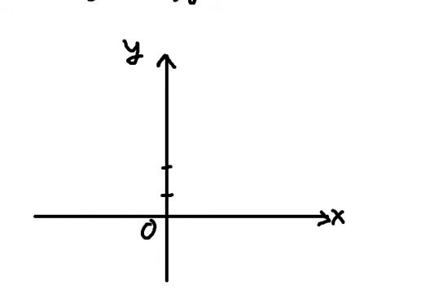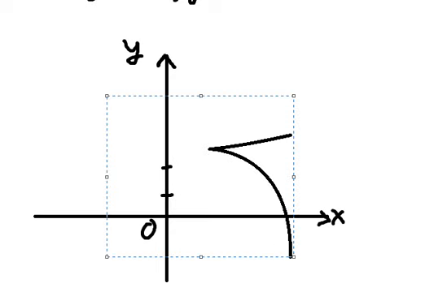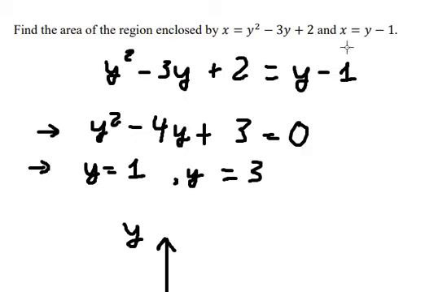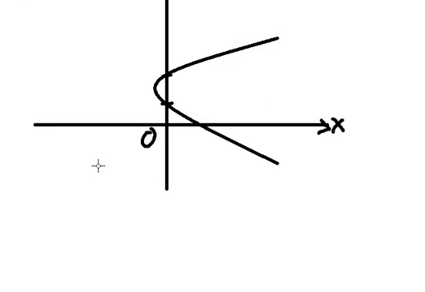So the graph should be like this. So that should be like this. Next, x equals y minus 1. So the graph should be like this.